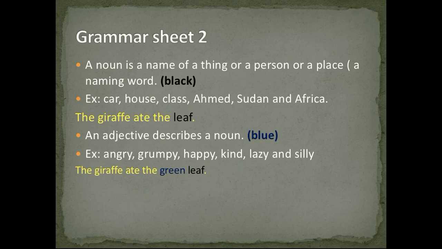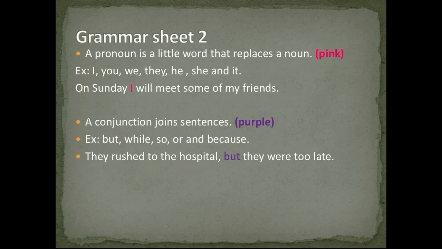Okay? So now we have verbs, adverbs, nouns, adjectives. Let's see the rest. We have pronouns. What is a pronoun? A pronoun is a little word that replaces a noun. We usually write it in pink or we underline it in pink.